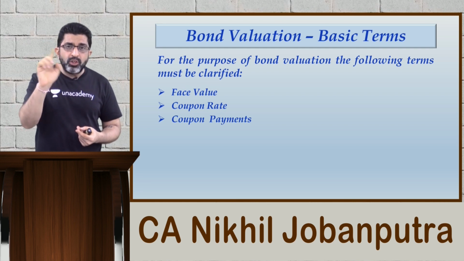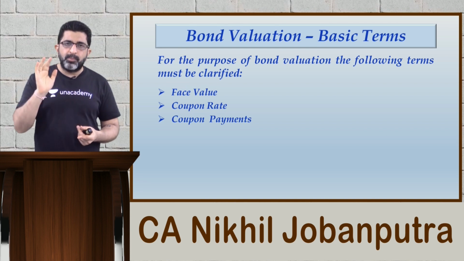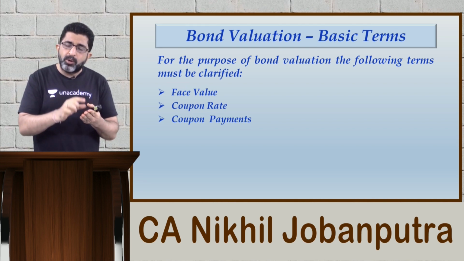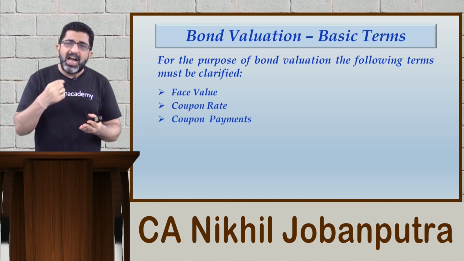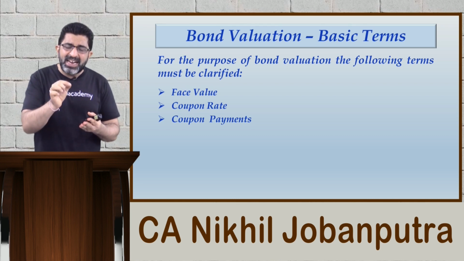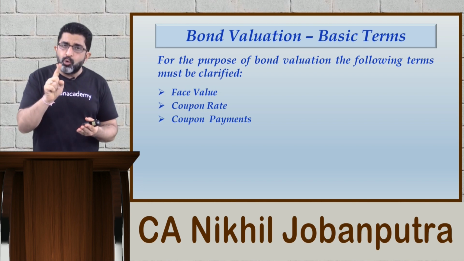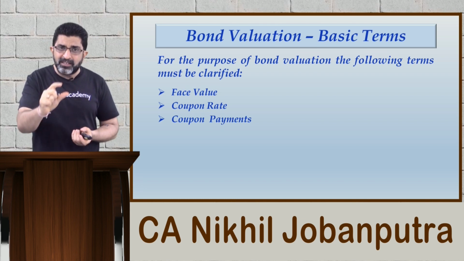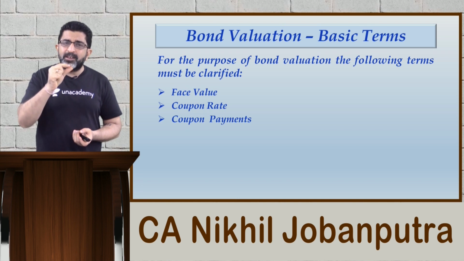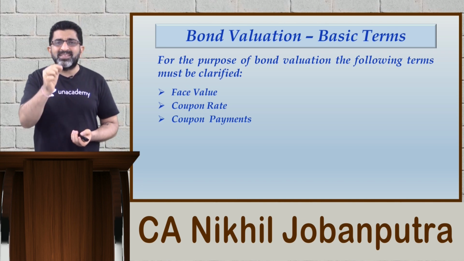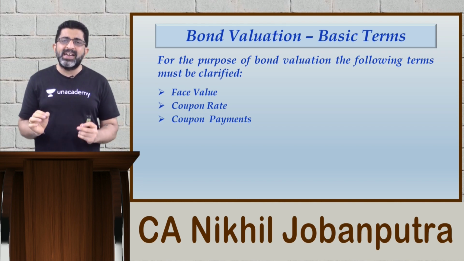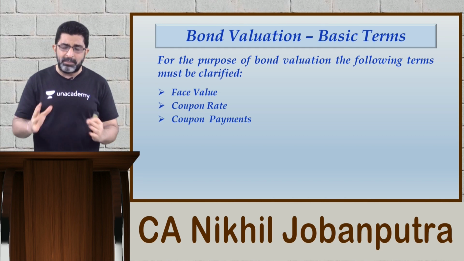Basically not on the actual money invested by the investor, but on the face value of the bond. On the face value of 1000, I will provide 8% interest annually on that bond. So 8% is the coupon rate, 1000 is the face value, and 8% of 1000 will be rupees 80, which will be identified as a coupon payment.